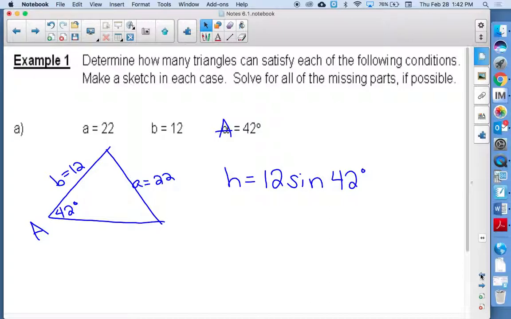Again, all you need to look at is those conditions. After you have your conditions, determine if you have 1 triangle, 2 triangles, or no triangle.